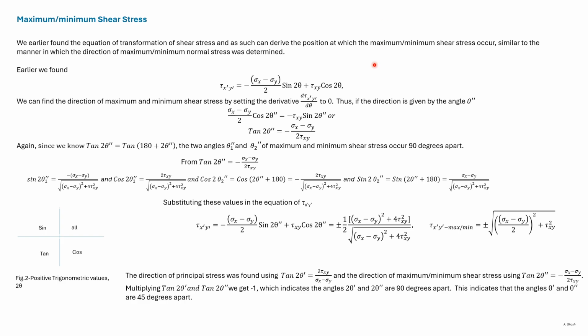From the plane of minimum shear stress, if we rotate another 45 degrees in the anti-clockwise direction, we'll come to the plane of minimum principal stress. From the plane of minimum principal stress, if we rotate another 45 degrees in the anti-clockwise direction, we'll come to the plane of maximum shear stress.